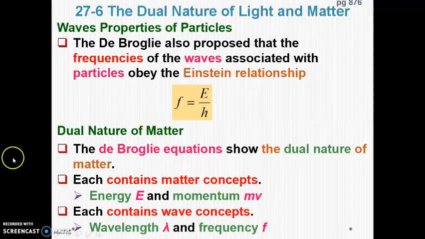So the de Broglie equation shows the dual nature of matter. Each contains a particle concept, energy and momentum mv, and each contains a wave concept, the wavelength lambda and the frequency.